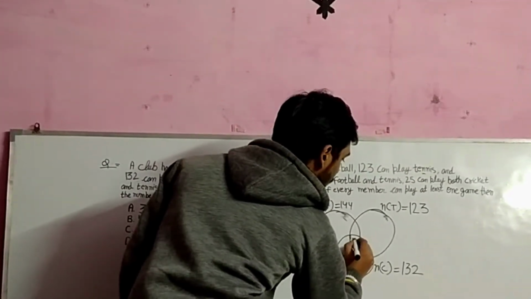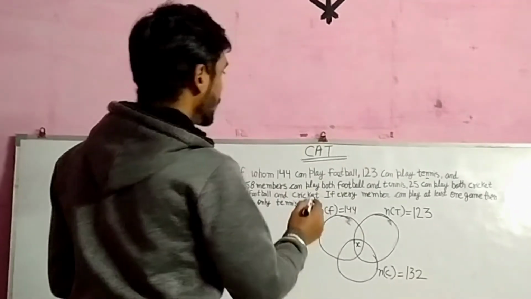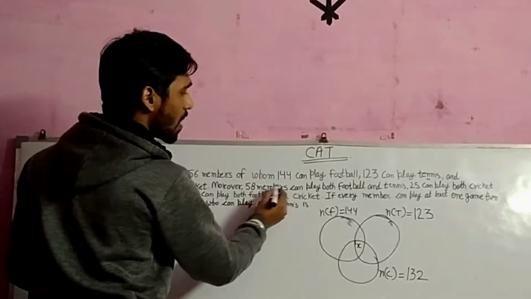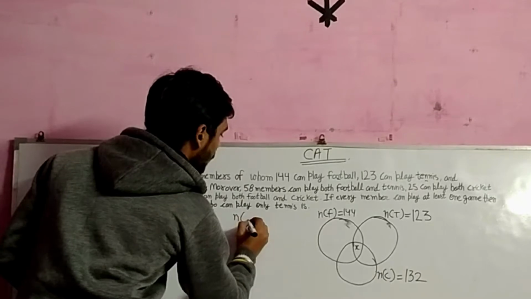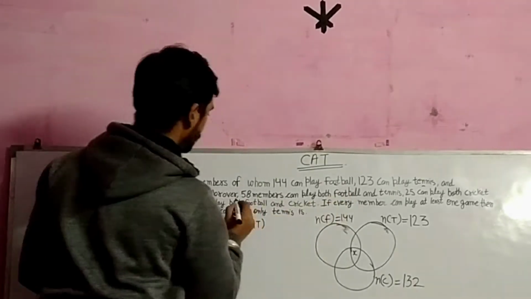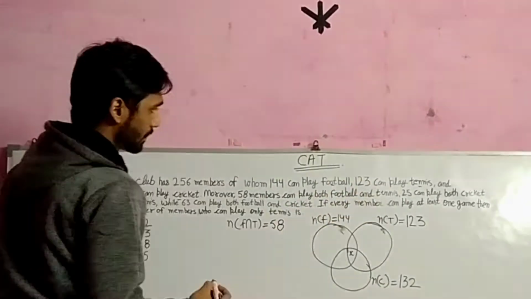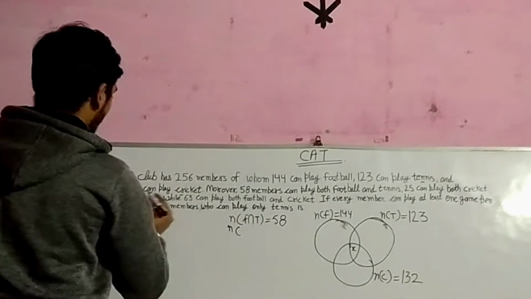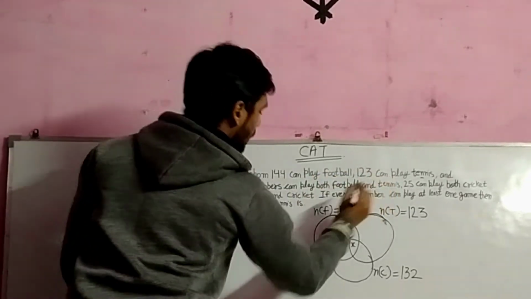We don't have the value of this region, so let it be X. Moreover, we have other information: 58 members can play both football and tennis, so F intersection T is 58. 25 can play both cricket and tennis, so C intersection T is 25 members.